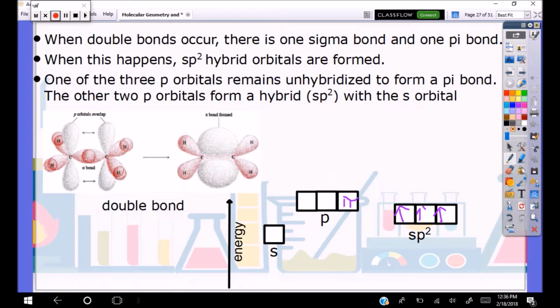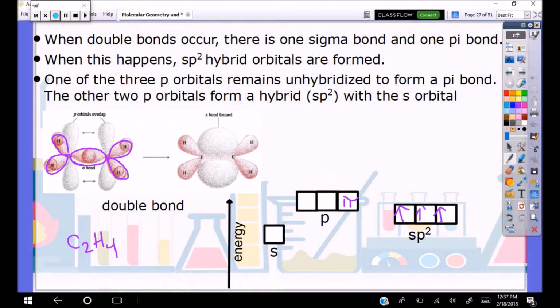Okay, we see this a lot with ethene. So this is C2H4. We know that one of the sigma bonds will hybridize, and then each of the H's will also occupy one of our sp2 orbitals.